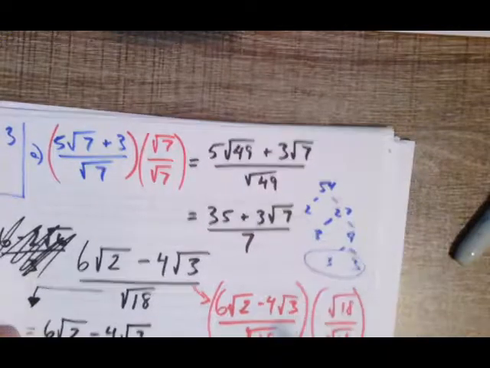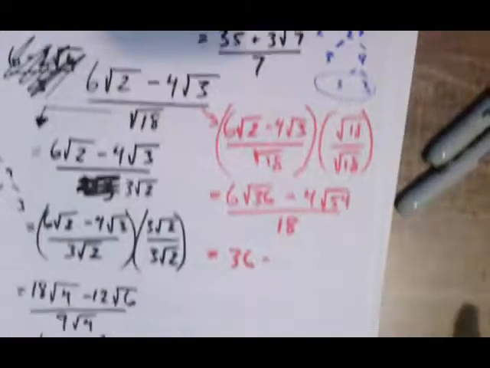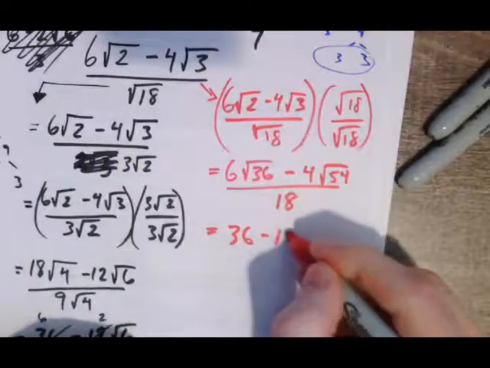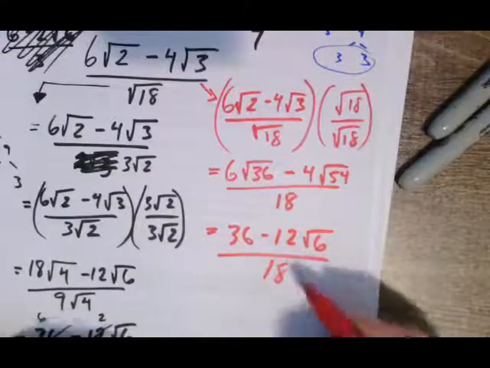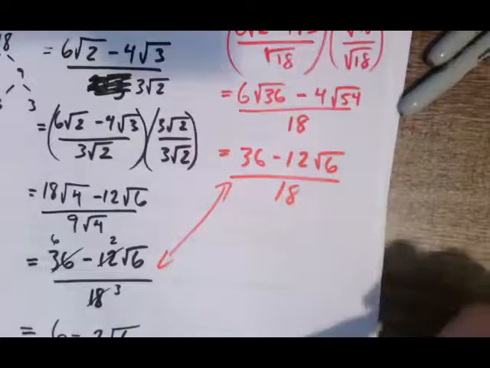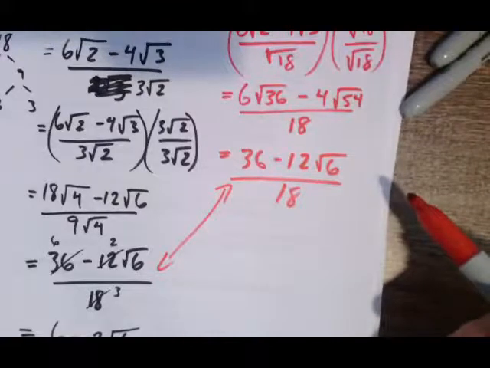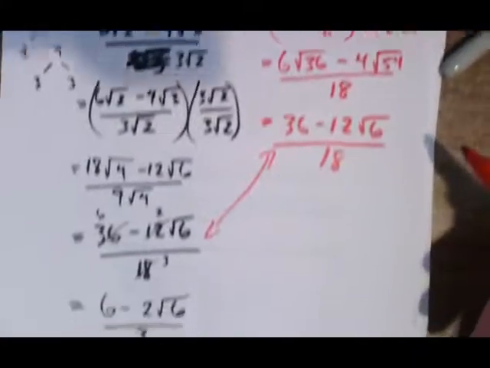Okay, 3 root 6, 3 times 4 is 12 root 6 all over 18. Notice we'll get to the same spot, so I don't need to continue. So really it's a matter of preference. You can do it both ways as long as you follow the rules.